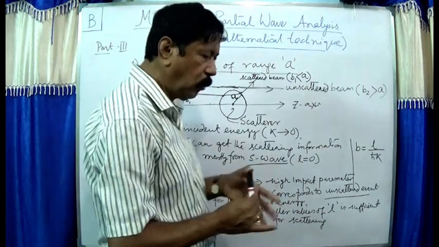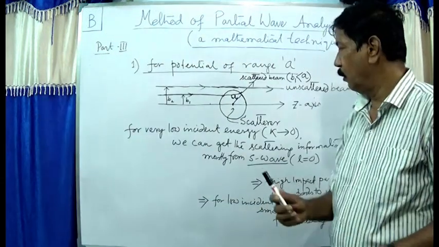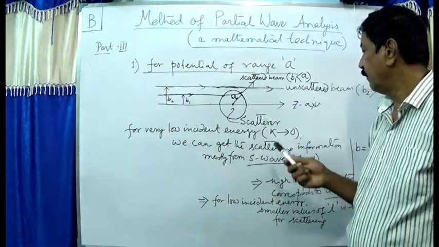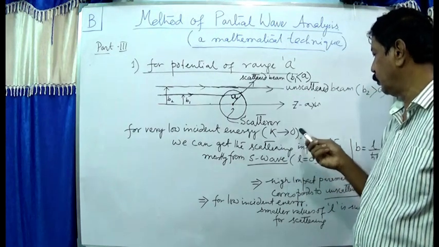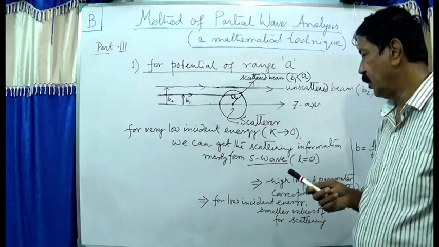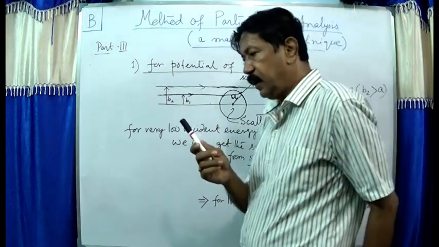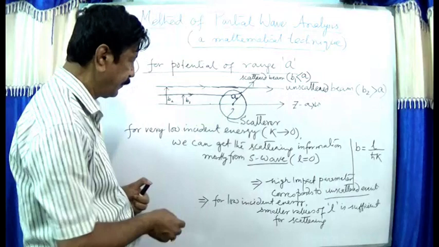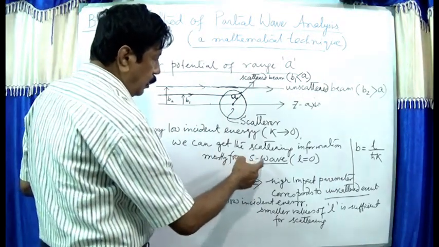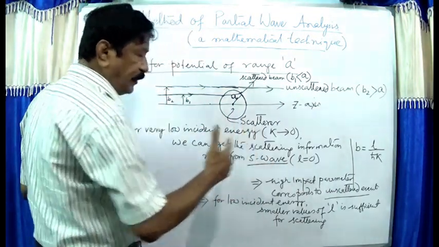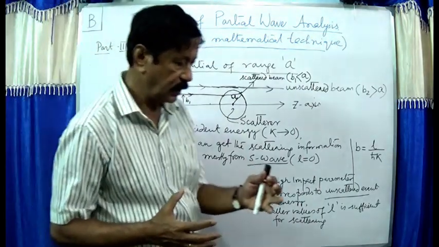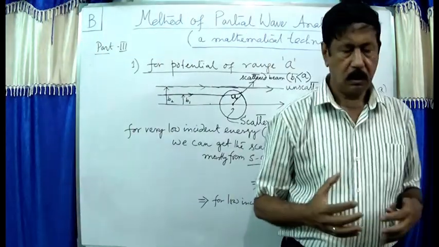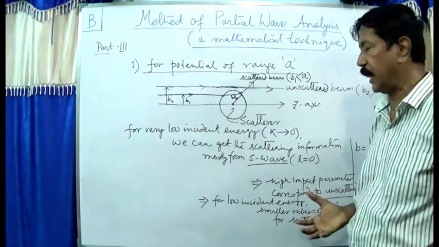So for very low incident energy, where the value of k tends to 0 almost, it is found in practice also that mostly S wave is sufficient to discuss about or to have the details of the scattering.